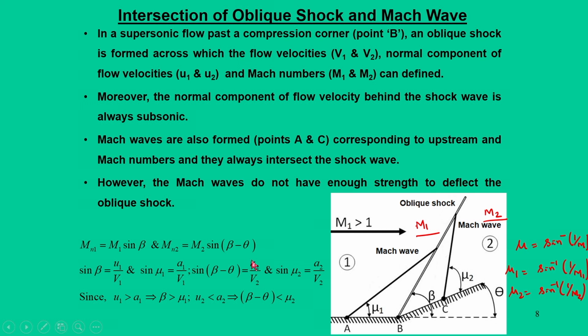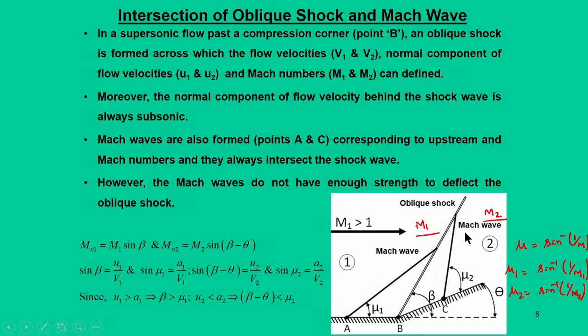From our information we can write sine mu1 as a1 by V1, where a1 is the speed of sound, and sine mu2 as a2 by V2. Since it is a supersonic environment, u1 is greater than a1, that means the oblique shock angle beta is greater than mu1, which is quite an obvious situation.